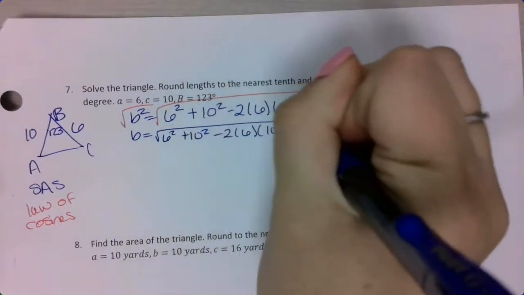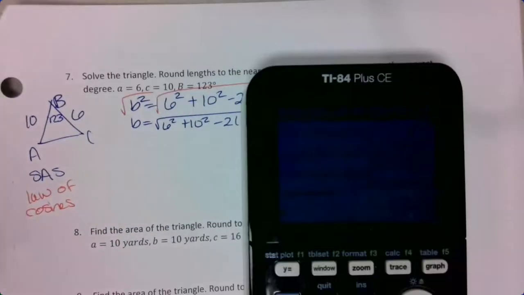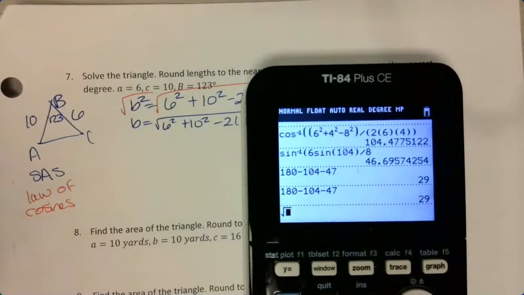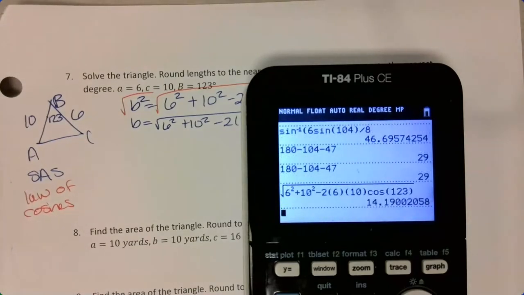And then I can just type this directly into my calculator and it'll give me my answer for B. So I'm going to go square root 6 squared plus 10 squared minus 2 times 6 times 10 cosine 123. On a newer calculator, the radical will expand with this. On an older one, I just want to make sure I don't close off that initial parentheses. This is the side length, so this is going to be 14.2.